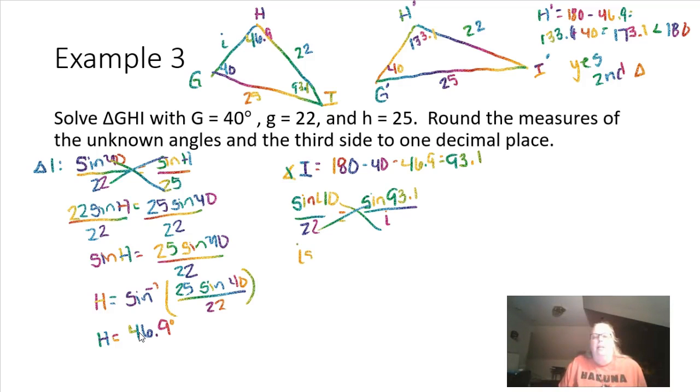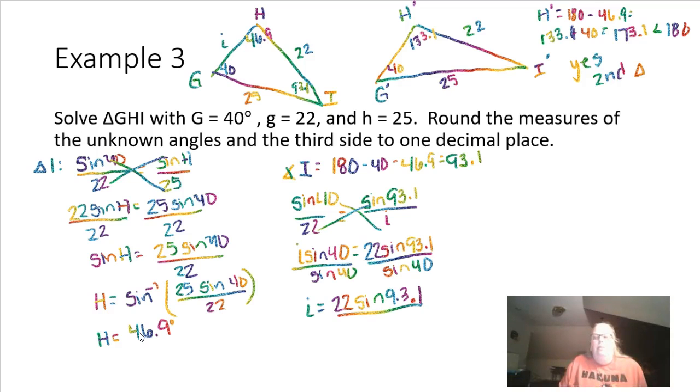We'll have I times the sine of 40 degrees is equal to 22 times the sine of 93.1. Let's divide away that sine of 40. Side I will be equal to 22 times the sine of 93.1 over the sine of 40.